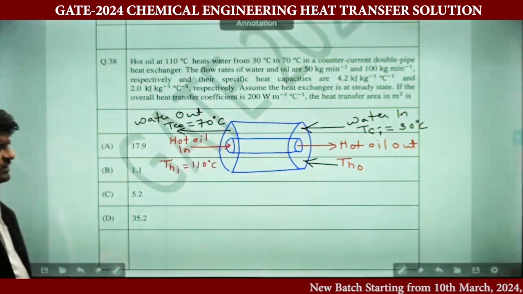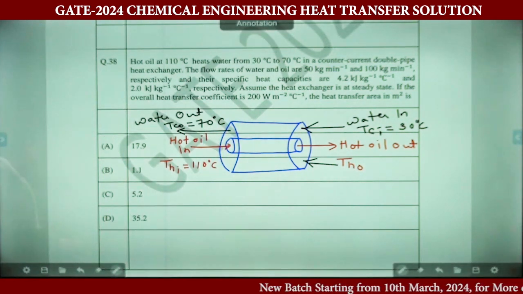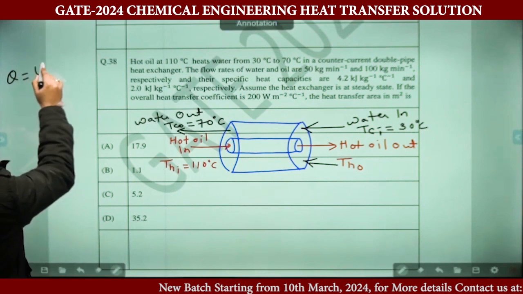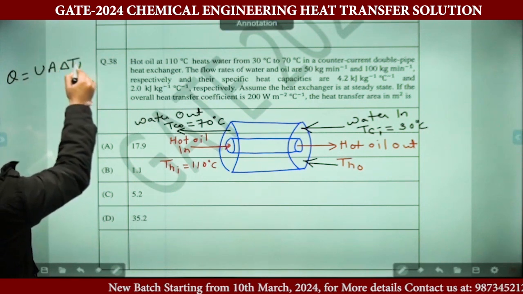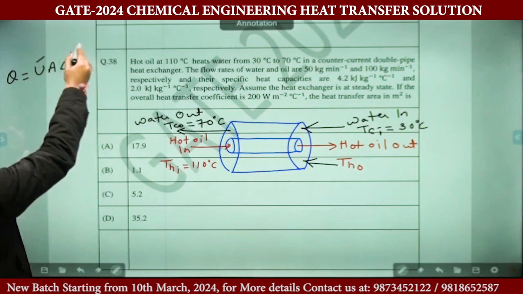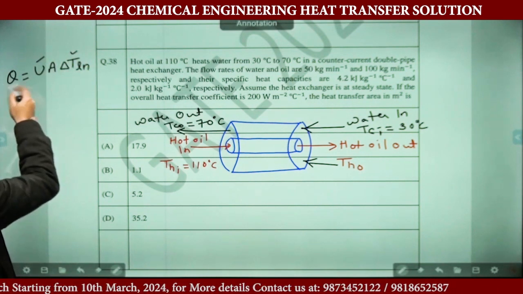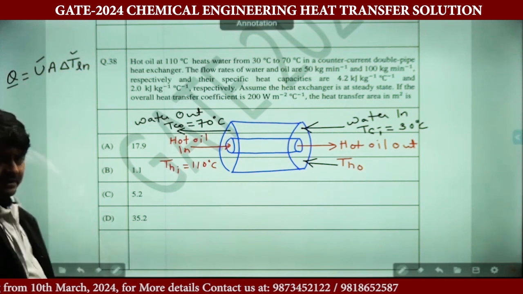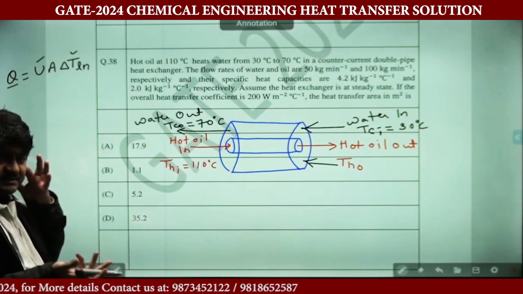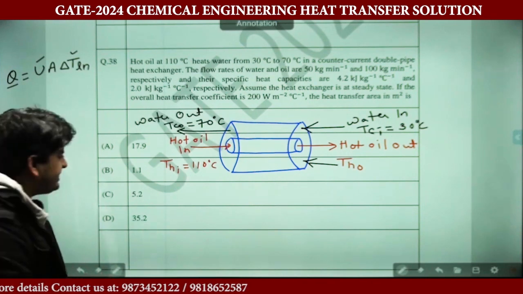So here we need to find out the heat transfer rate and area of heat transfer. So you know the equation Q = UA delta T ln. U is given, delta T ln we need to calculate, Q we need to calculate, and we will get A. So Q, basically the heat duty, will be the same as the amount of heat exchanged between the fluids.